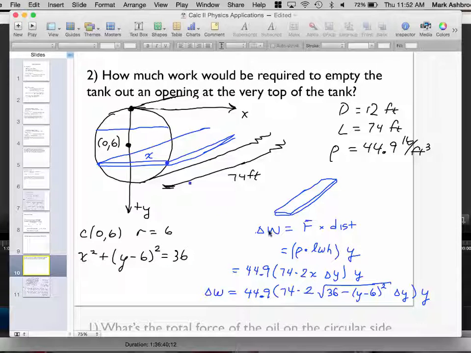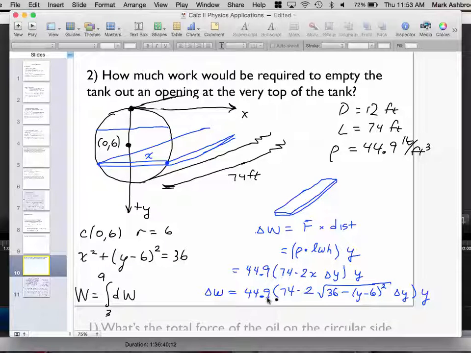Okay, and then the first layer is going to be at y equals positive 3, and then the last layer is going to be at positive 9. So the total work is going to be the integral from the first layer, 3, to the last layer, 9, of dW, which is this thing right here with a dy instead of a delta y.